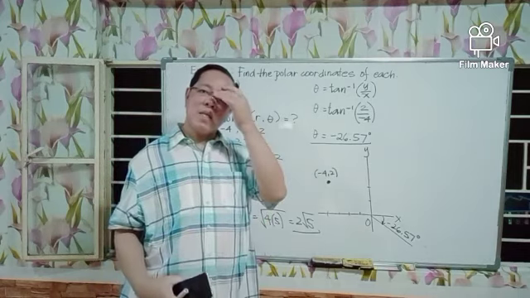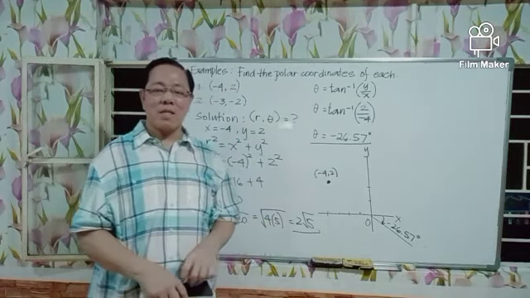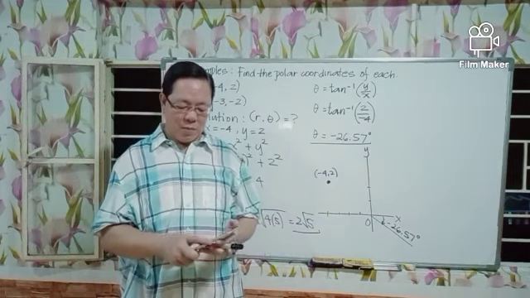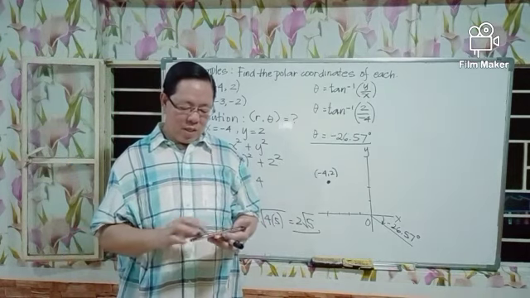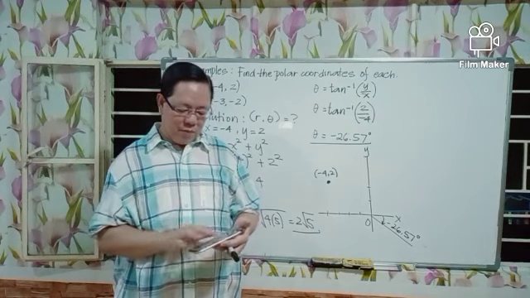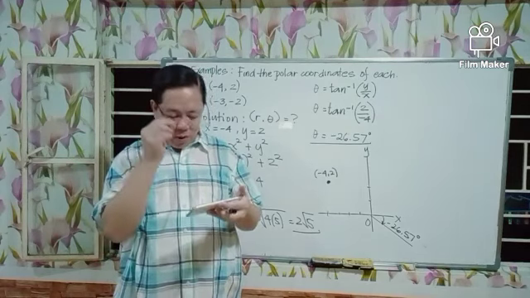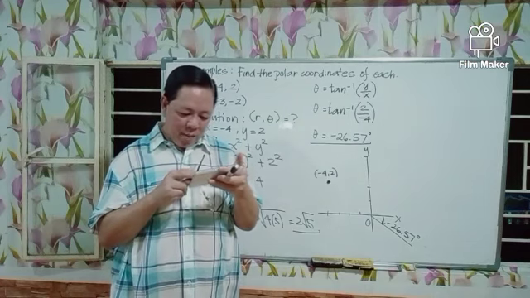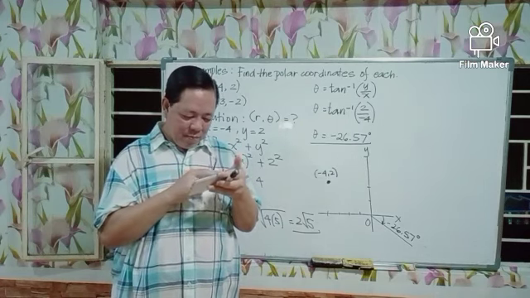Now, to plot the radial coordinate, 2 times square root of 5, we approximate the value of 2 times square root of 5 using our calculator. We have 2 multiplied by square root of 5.